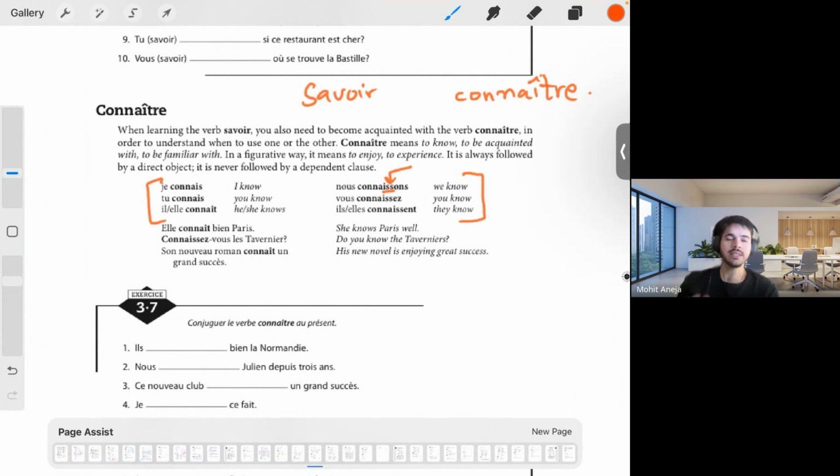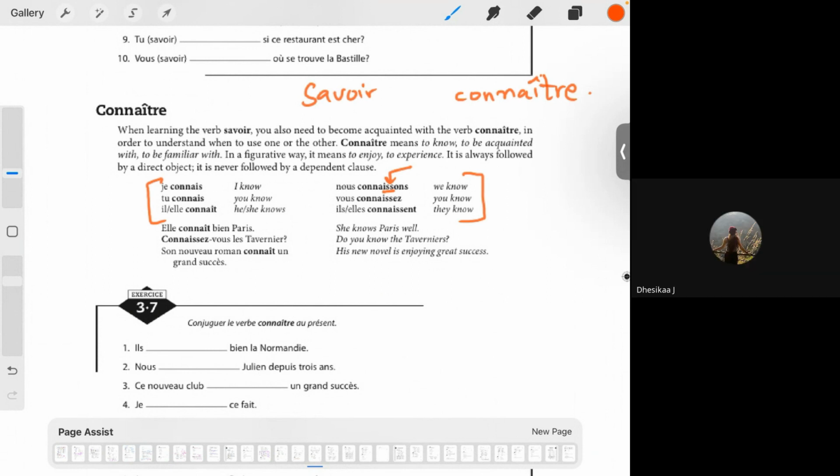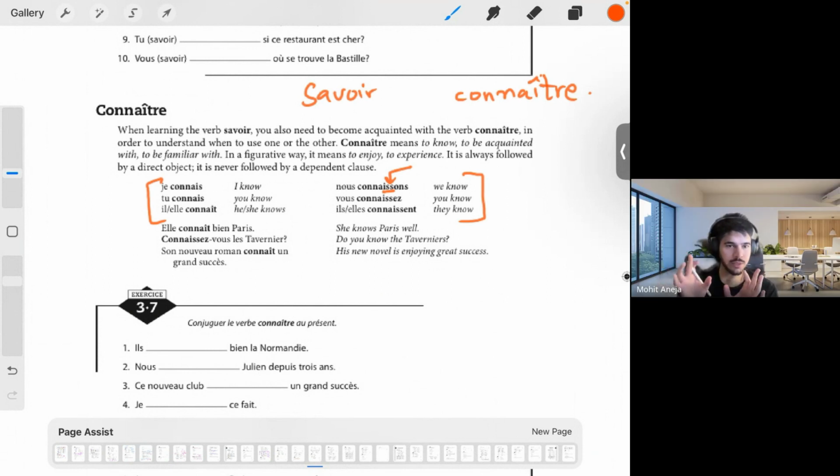For example, in English, I can say I know you, and then I say I know how to cook. Both of these sentences use the verb to know in English. But in French, both of these sentences will have different translations. Je te connais, but je sais cuisiner.